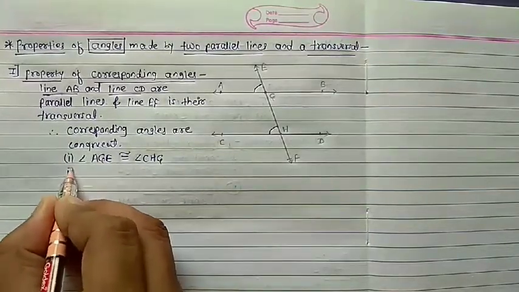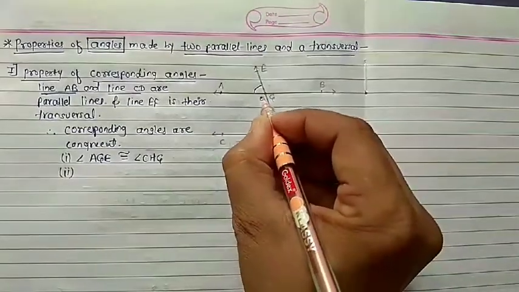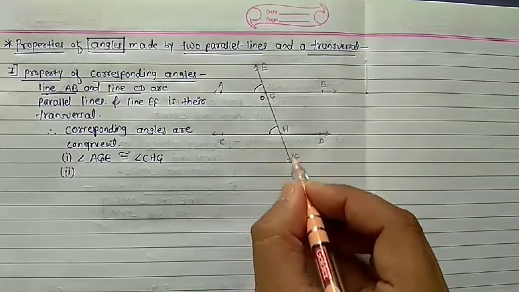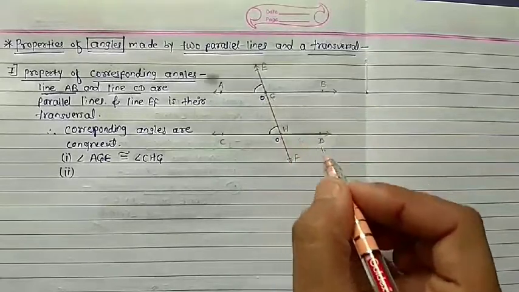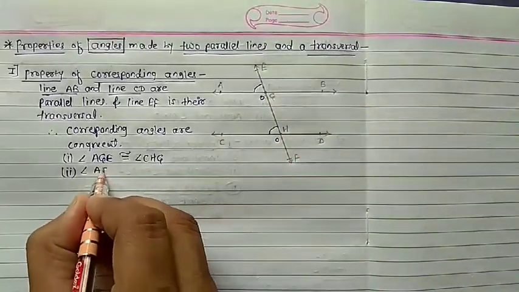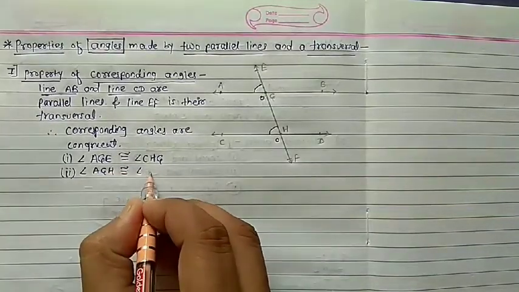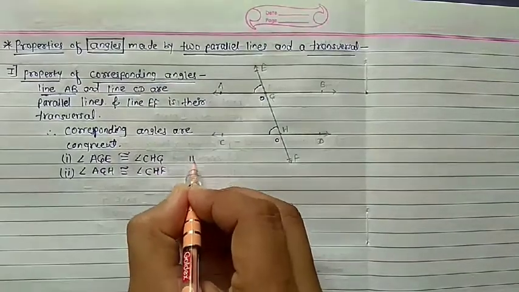Now the second pair is angle AGH, congruent with angle CHF. These two angles are corresponding angles and they are congruent.